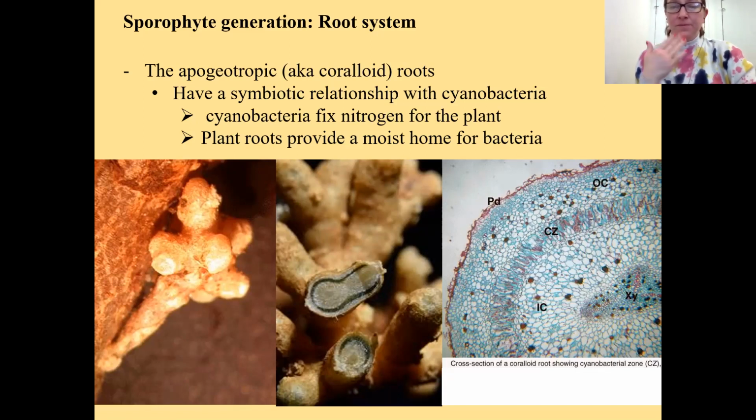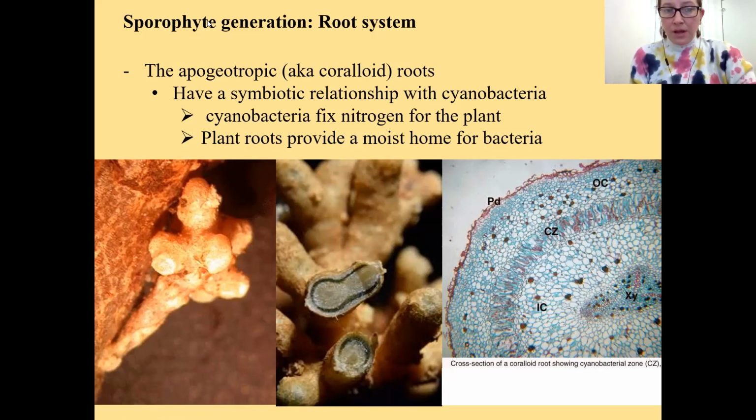Plants can't just grab it out of the air. They need that nitrogen to be in a different form, or fixed. What the cyanobacteria do is take that atmospheric nitrogen out of the air and fix it into a type of nitrogen that the plants can use. So cyanobacteria provide nitrogen for the plants, whereas the plant roots give the cyanobacteria a nice home.